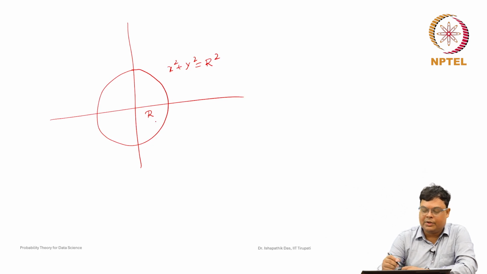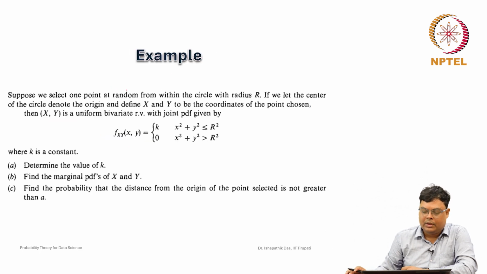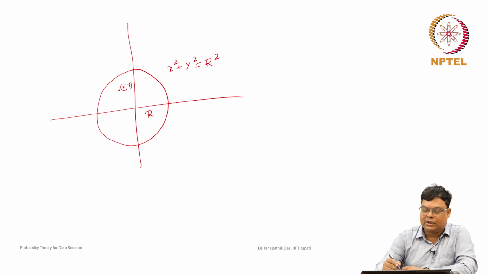So, we are randomly selecting a point inside this circle. So, it is a uniform distribution, the joint probability density function. Let X and Y be the coordinates of the point chosen, then (X, Y) is a uniform bivariate random variable with joint probability density function given by this.